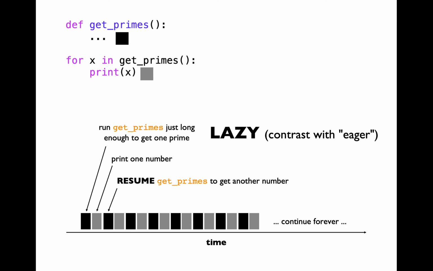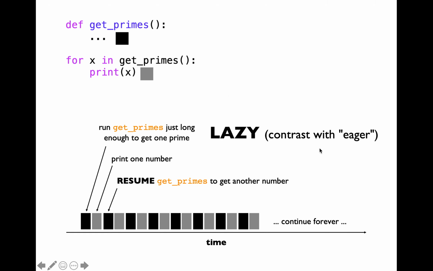I'm throwing out a term here for this kind of function, which is called a lazy function. Why is it called a lazy function? That's because we know that the get_primes function is not actually done doing all of its work, and that it's only done finding the next prime number, and then it needs to be prompted again to go back and find the next one after that.